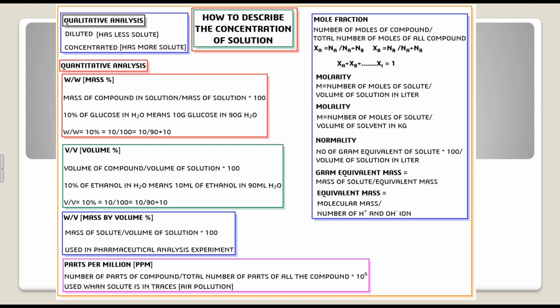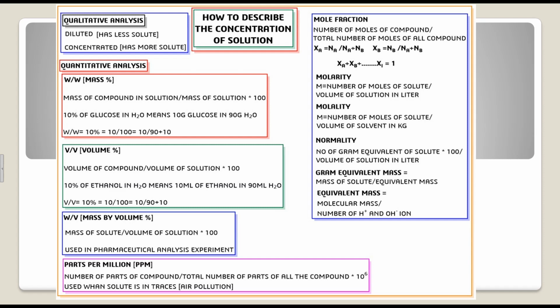Diluted means it has less solute. Concentrated solution means it has more solute. This is how we express the concentration of a solution through qualitative analysis. Then how to express it via quantitative analysis.